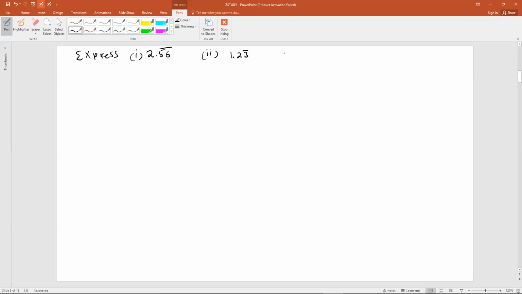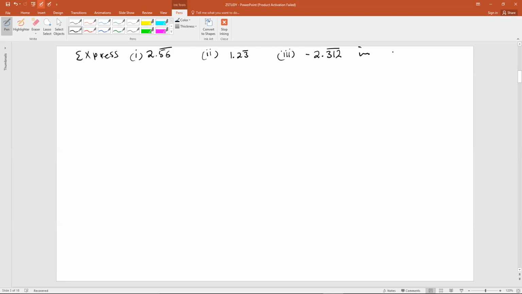And then number 3, -2.312 with a bar. I think with these 3, we'll be able to get the concept that I want to stretch out.